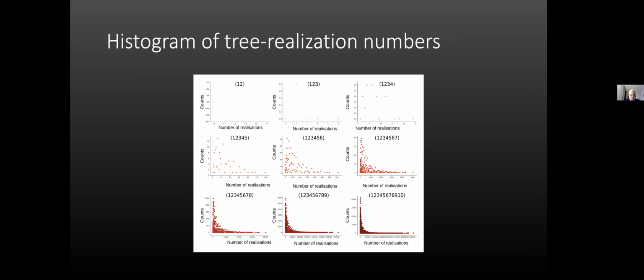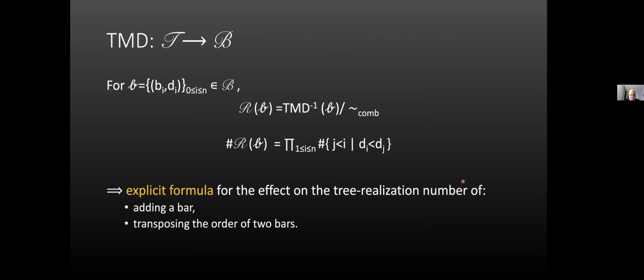I mean, that's basically what's going on here, right? We're looking for the different possible tree realization numbers, like how many permutation types have that particular realization number. And this also, let's see, what I mentioned here, right? You can exactly figure out the effect on the tree realization numbers of adding another bar.